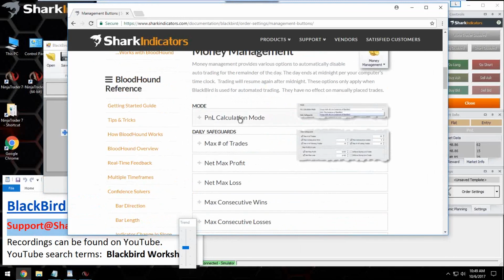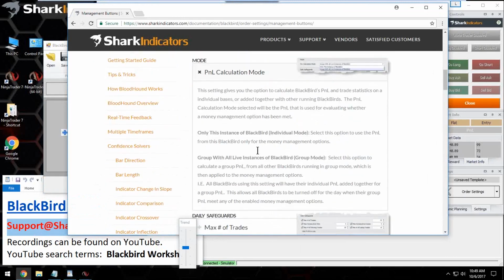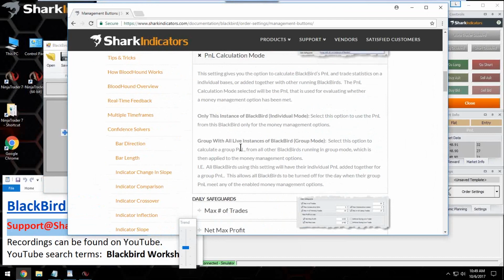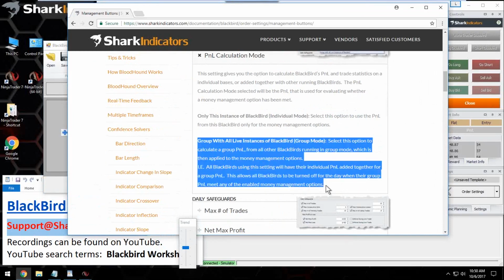Here we go, the P&L calculation mode, and we'll add that here. Yeah, the documentation does not mention workspaces. So we can add that clarification to the text here.